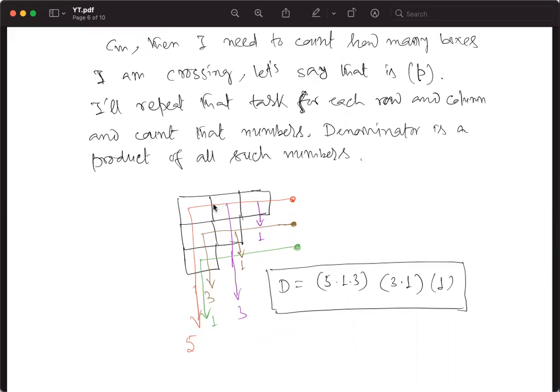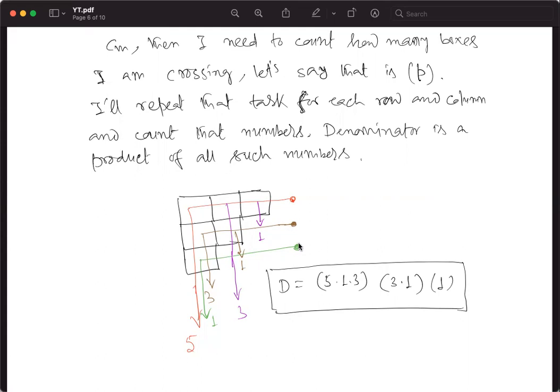Then same thing, I'll stop in C2 and take an exit. In the process I cross 3 such boxes, so this is 3 and this is 1, and so R1 corresponds to these 3 numbers, 5, 3, 1, which I have collected here. Then I go to R2, draw the same thing taking exit at C1, C2, and I'll get the numbers 3 and 1, so I'll put 3 and 1 here.